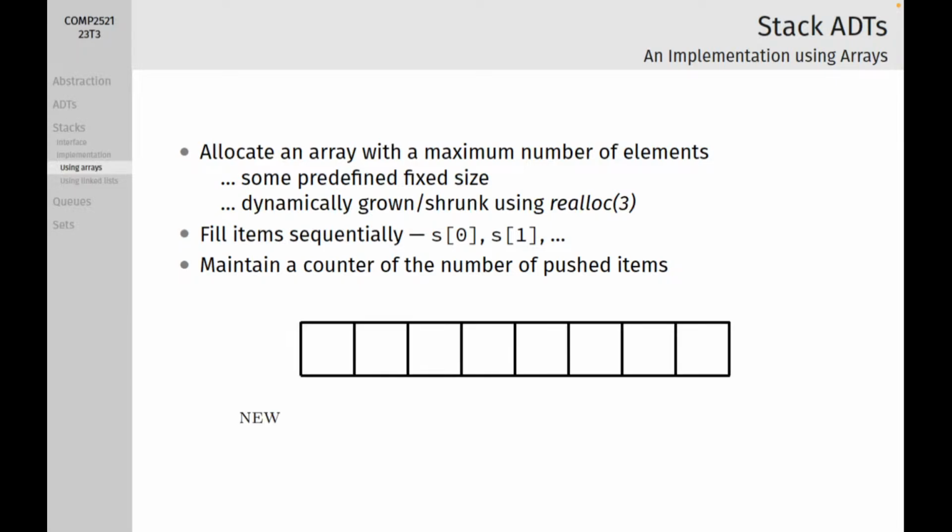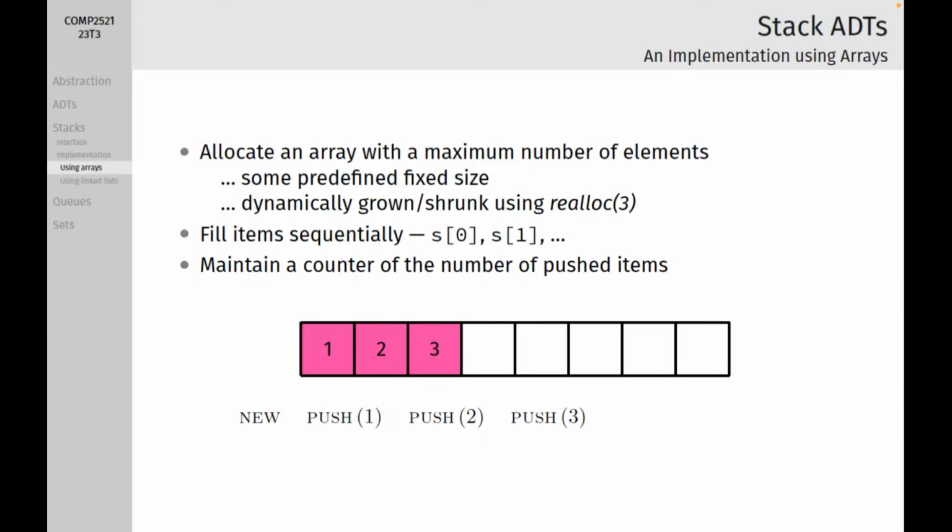So here's a depiction of an implementation like this. So we create a new array, right? Then when we push an item onto the stack, we store it into the first available index, right, which is index 0. Then when we push another item, we just store it into index 1. Then when we push another item, we store it into index 2. Now, what happens when we pop? Right? When we pop, we want to pop the most recently pushed item.